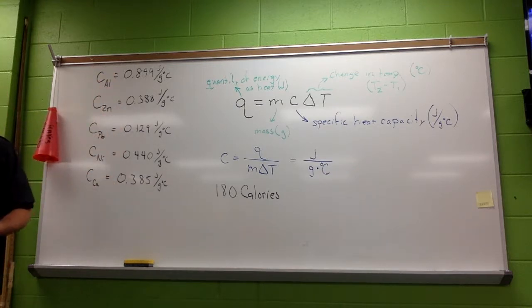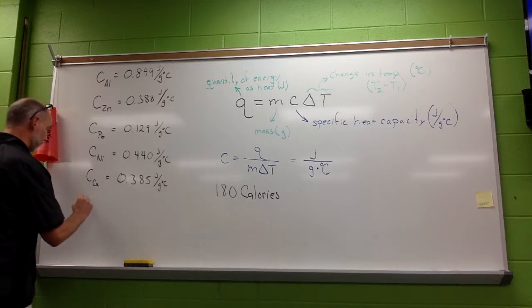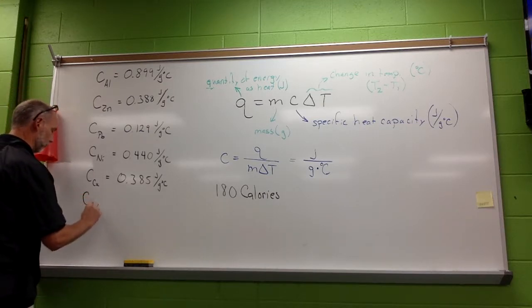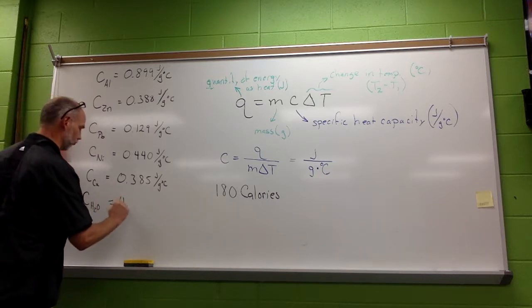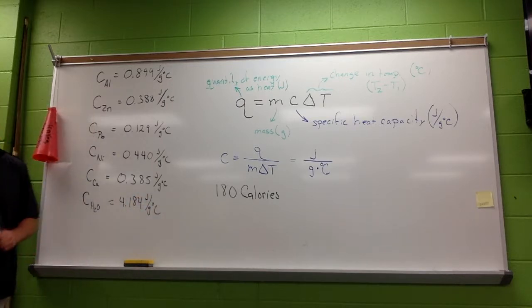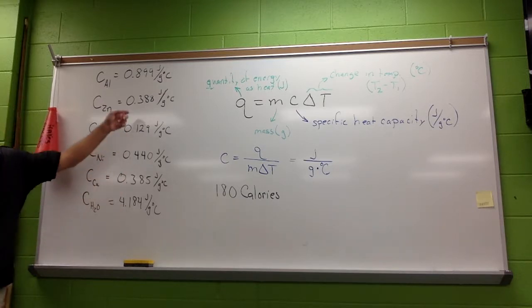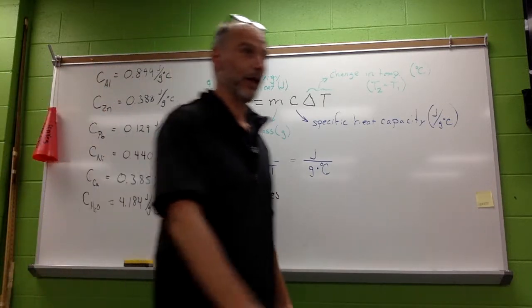The numbers don't mean a lot to you. So let me throw up another really familiar substance up here. What do you notice about this heat capacity relative to all of these? A lot higher. Would you agree?